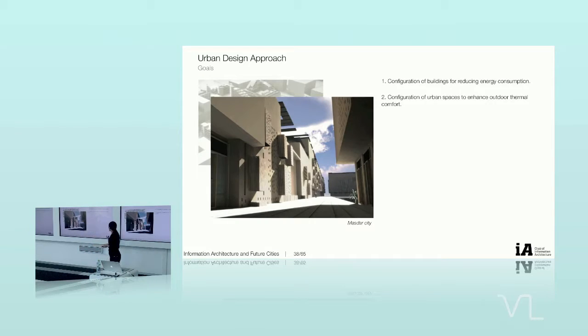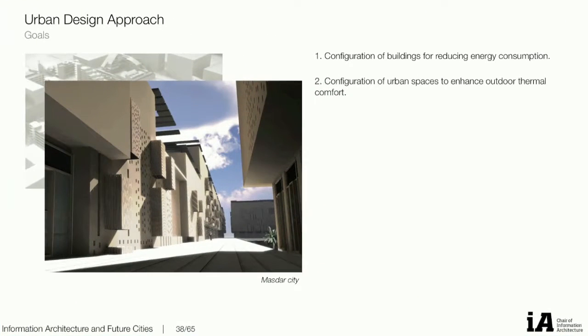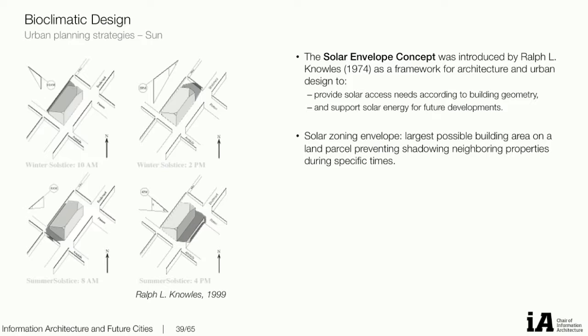And then the other goal is the configuration of urban spaces to enhance the outdoor thermal comfort. As I was saying before, you can change the different configurations of buildings or of urban forms around public open spaces and actually enhance the thermal comfort.